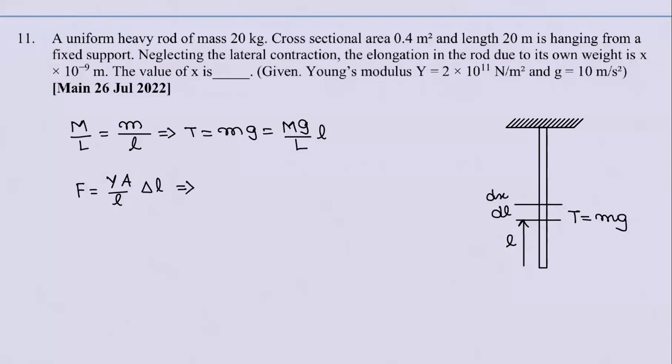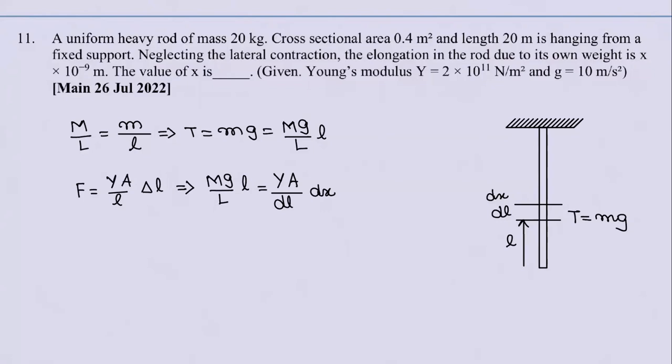What is F? Mg by capital L into small l, where capital L is total length, is equal to Y into A into the initial length, which is dl, into change in length, which is dx. I repeat, dl length element elongates by dx.